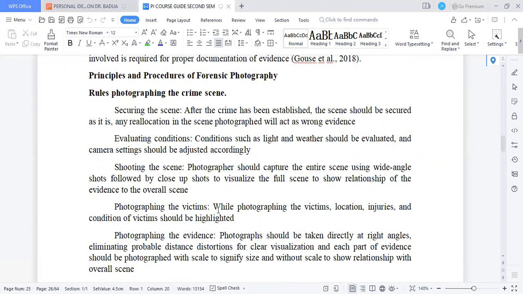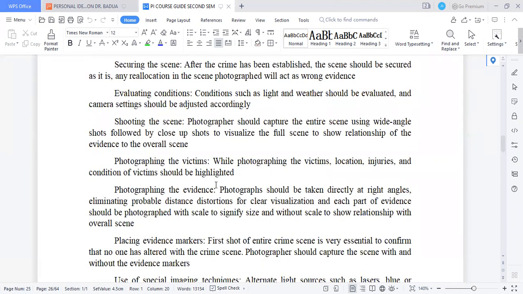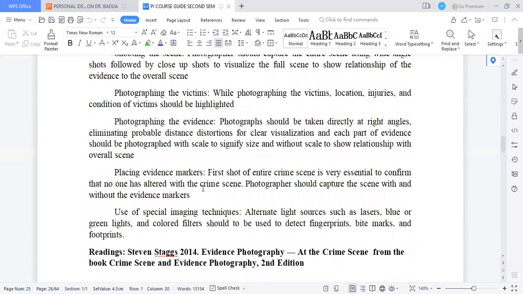The details are here, and please find time also to read. So photograph the evidence. There is a need to photograph the evidence, and you can do it from different angles, based on the guidelines as required. And aside from that, evidence markers are also required, and they have to be placed at the crime scene when you take the photograph.